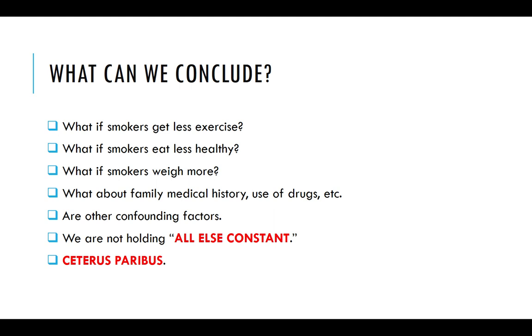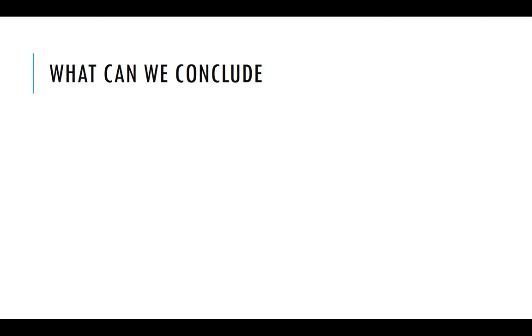So if I really want to say that smoking's the reason, then I need to hold all these other variables constant. I need to have an environment of ceteris paribus. So hopefully you understand what I'm trying to drive home: if I really want to have a causal story, that it's because of smoking, I need to control for these other factors.